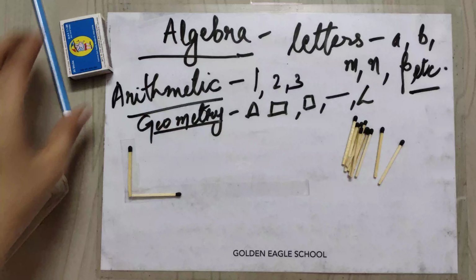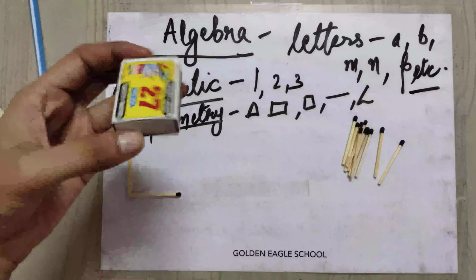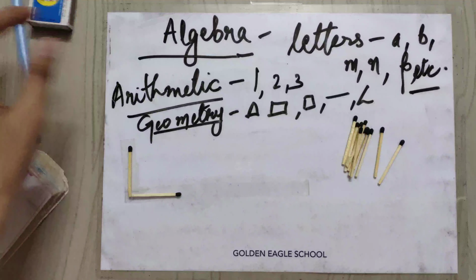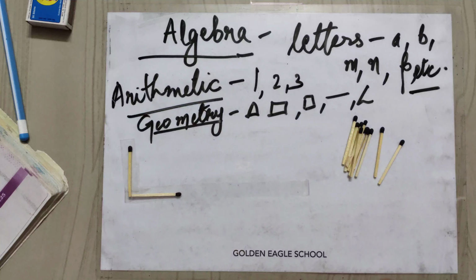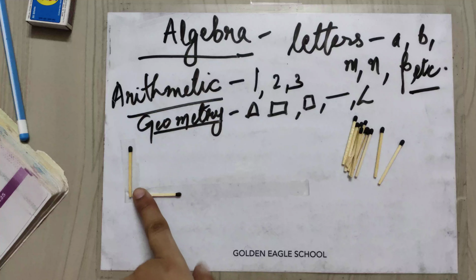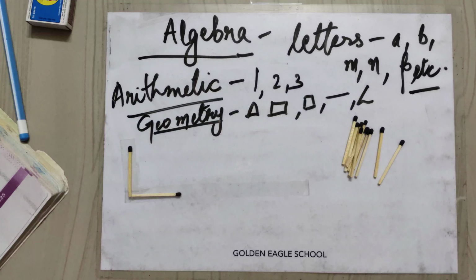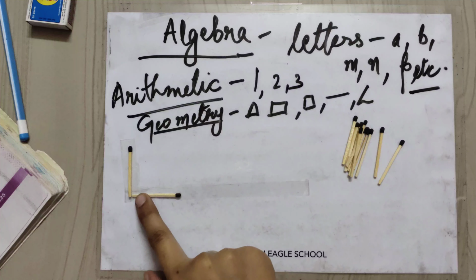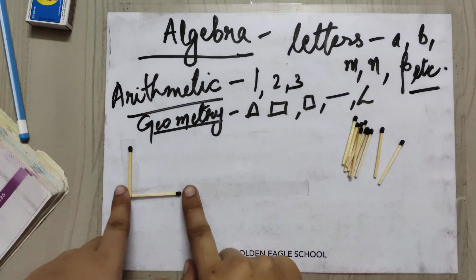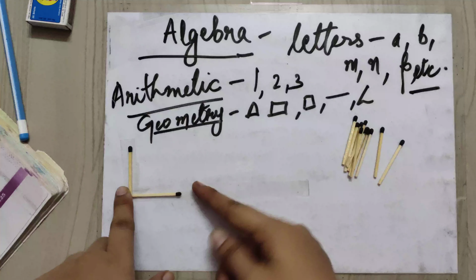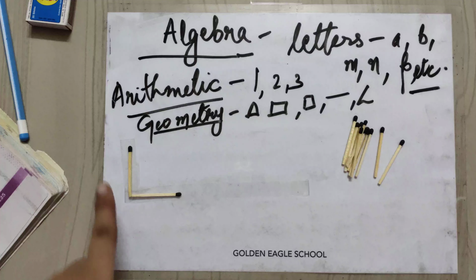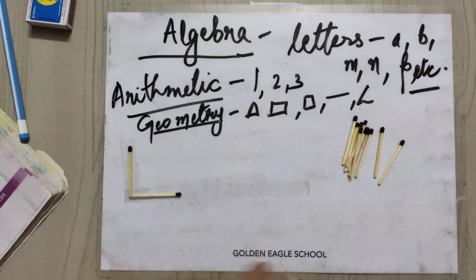All of you must have seen matchsticks at your houses, so we are taking the example of matchsticks. Can you see this letter which is formed by using matchsticks? This is L, right? We are forming an L with two matchsticks.